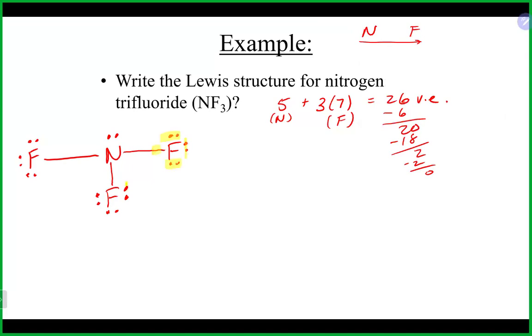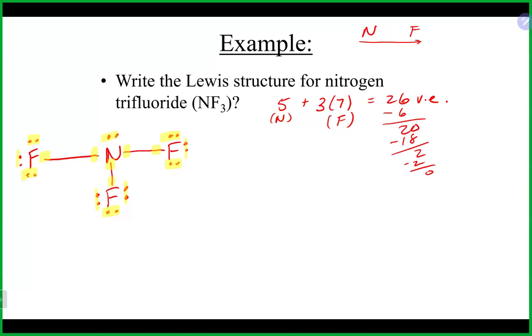Really, all the fluorines are identical: 2, 4, 6, 8, 2, 4, 6, 8. And when we look at the nitrogen, 2, 4, 6, and 8 electrons. So everybody has 8 valence electrons. We have put on there a total of 26 electrons, sort of equally spread out. Any questions on that there?